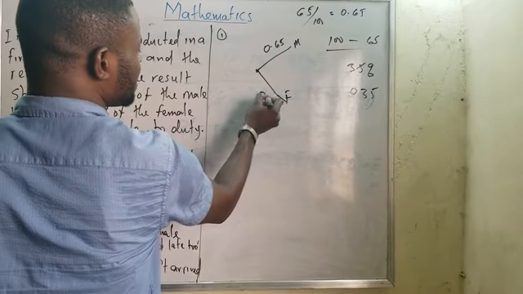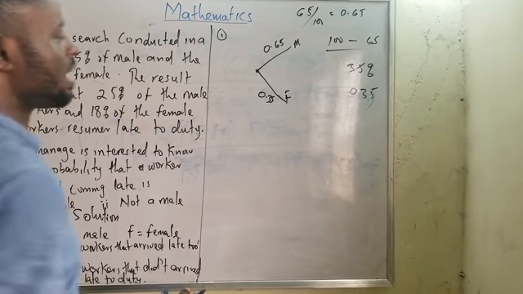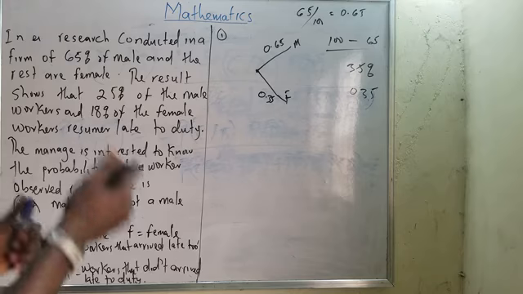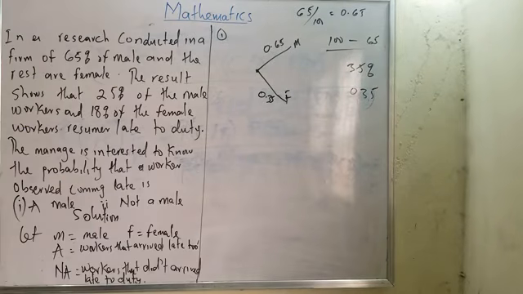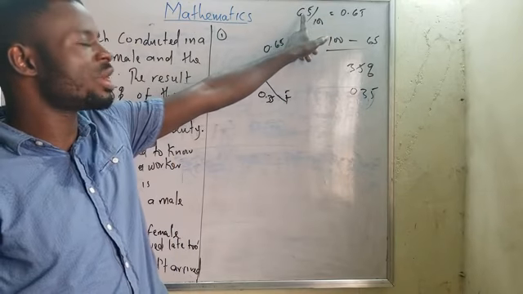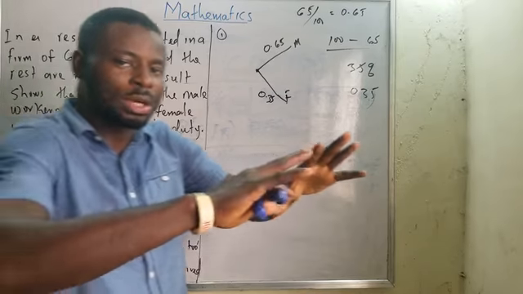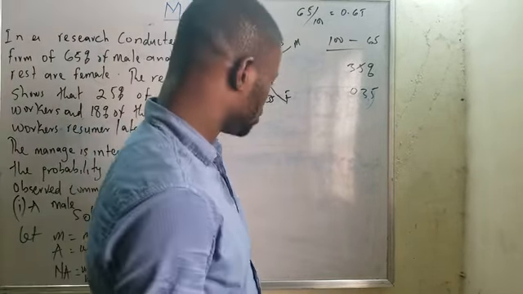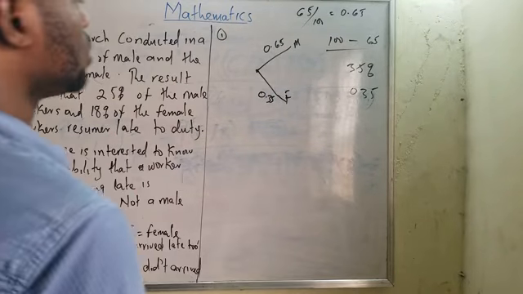Here will be 0.35, which is my female. I just take away 65 from 100 because we are talking about percentage, so the total is 100.